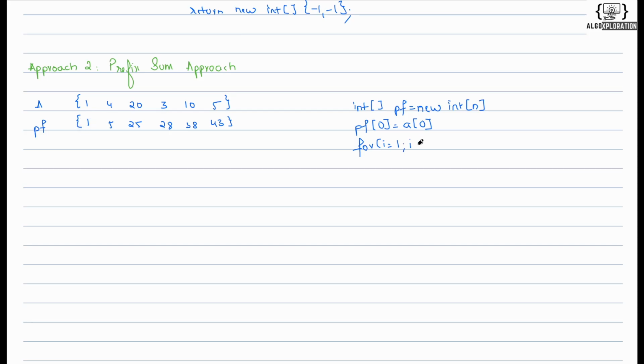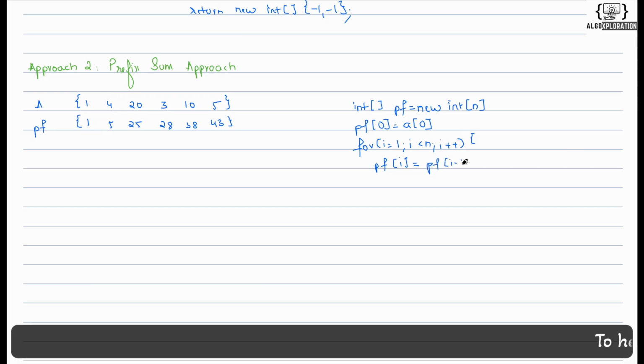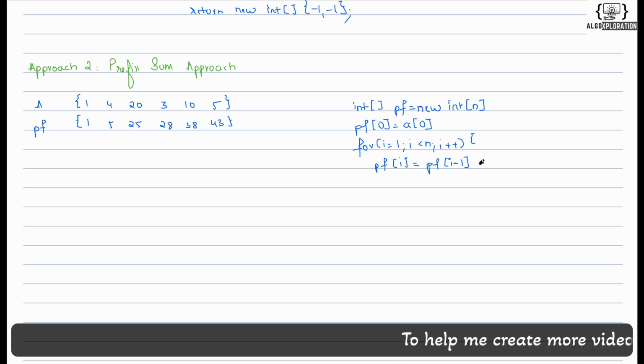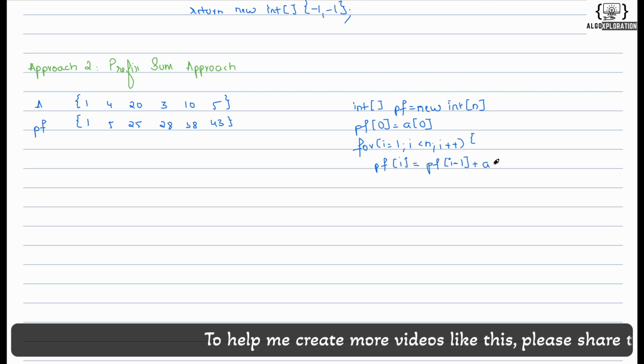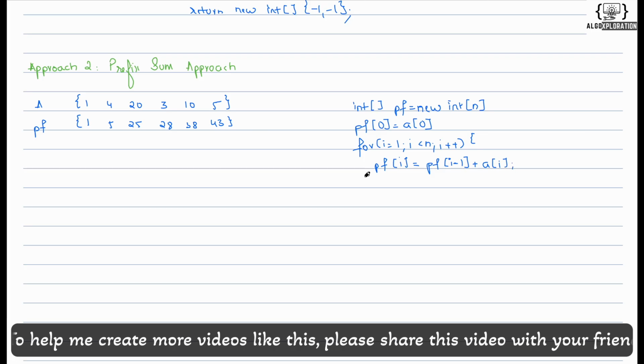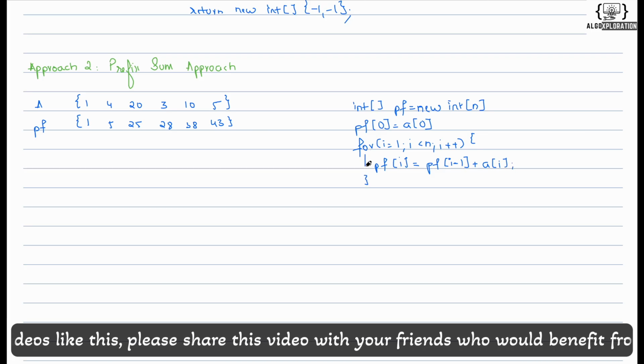So i is less than n, i plus plus. Now pf of i is nothing but pf of i minus 1, the element present just on the left hand side, plus a of i. That's it. This is the prefix sum array.